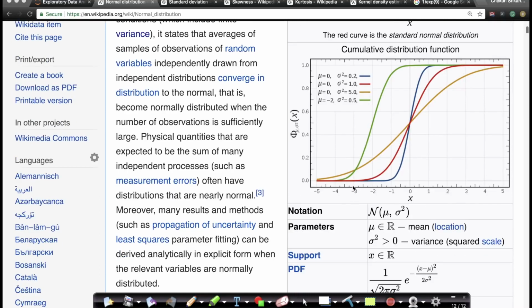Having said that, the other important thing to notice is if your variance is small, the variance of your blue line is smaller than the variance of your red line, which is smaller than the variance of your yellow line.